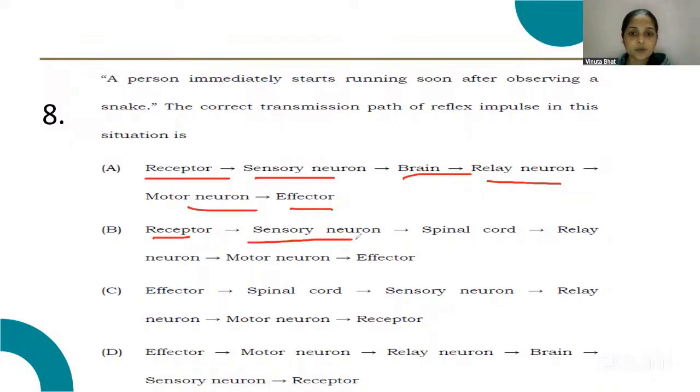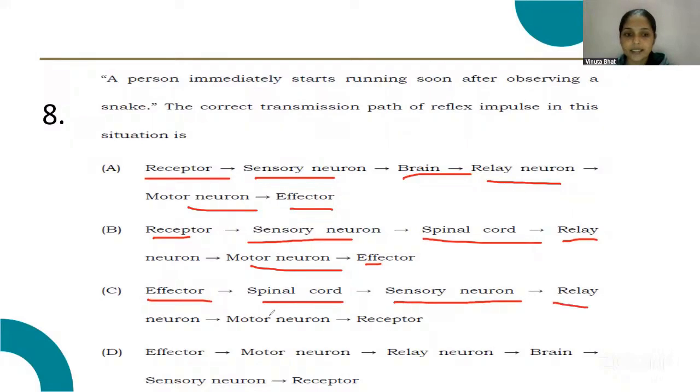Option B, receptor, sensory neuron, spinal cord, relay neuron, motor neuron, and the effector. Option C, effector, spinal cord, sensory neuron, relay neuron, and the motor neuron receptor. Option D, effector, motor neuron, relay neuron, brain, sensory neuron, and the receptor.